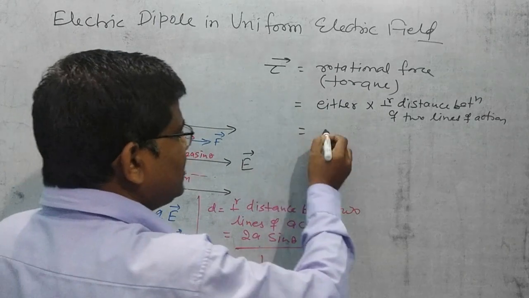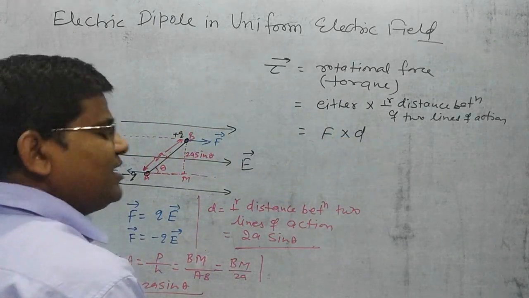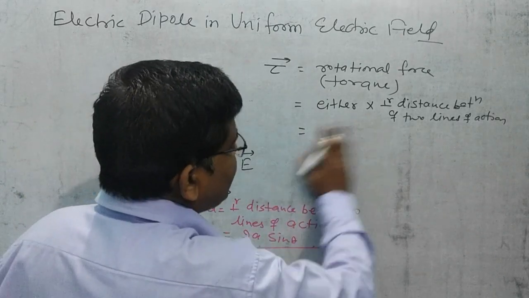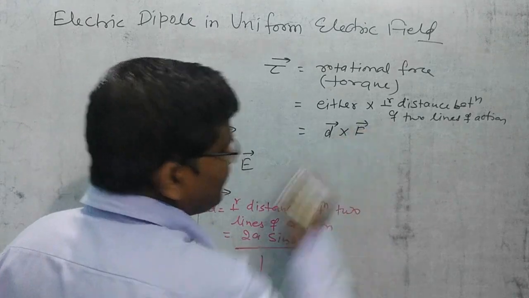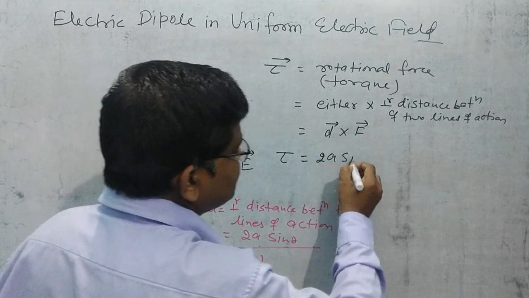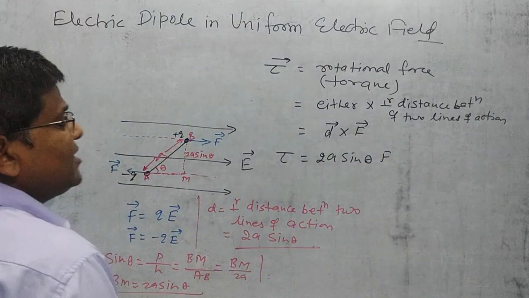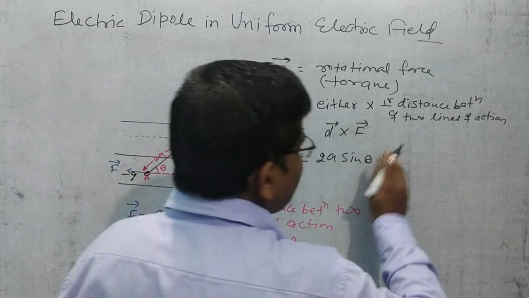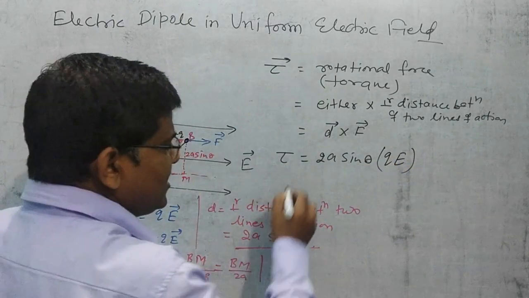This means either force is F and the distance between lines of action is D, and in vector form, D cross F is the torque. D is 2a sin theta in magnitude, and F you may write as qE.